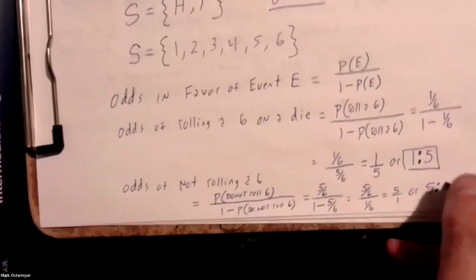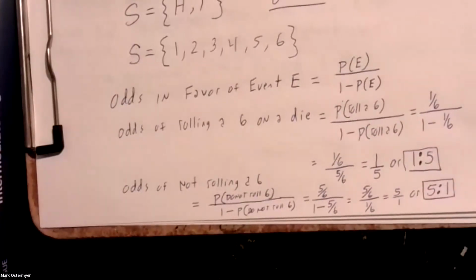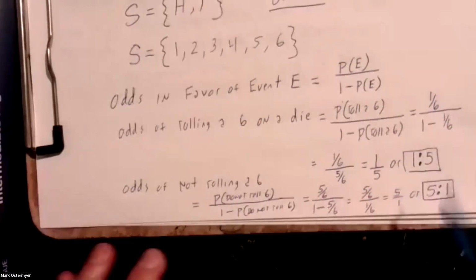Make sense? Sounds about right, right? That's the probability of not rolling a 6, 5 to 1 odds. So it depends whether you're talking about the odds in favor or the odds against as to how you represent your odds here. All righty. So the odds in favor of event E would be this.